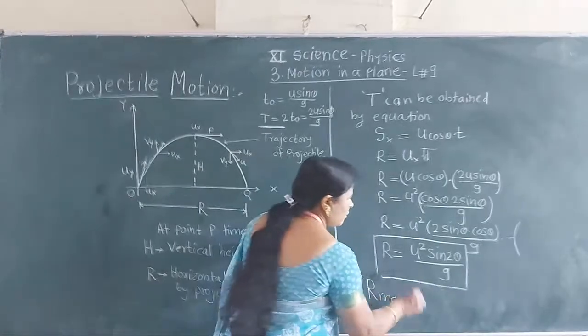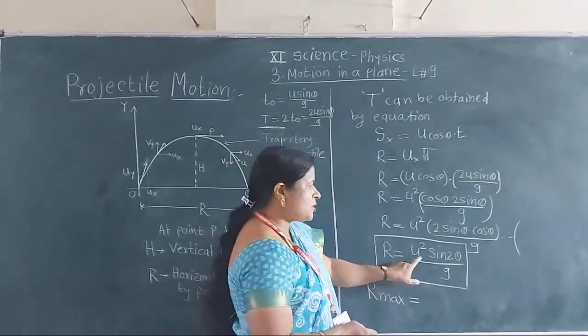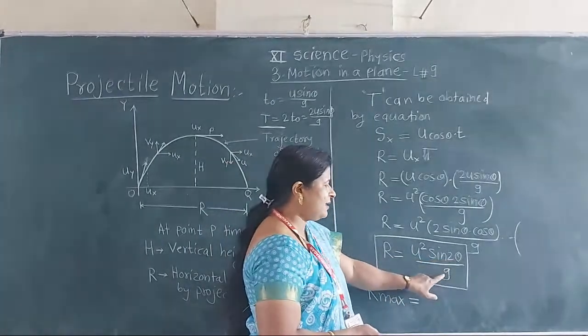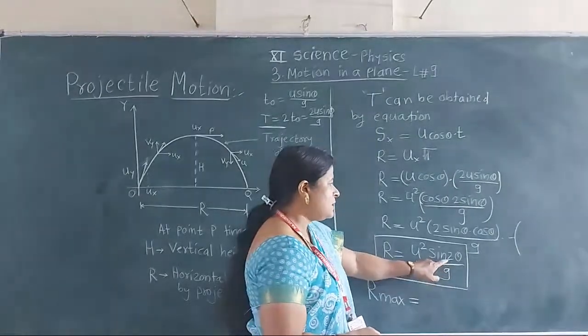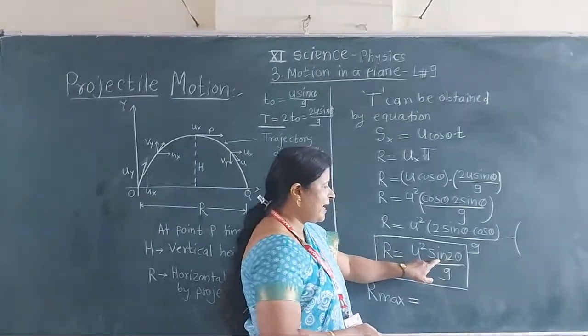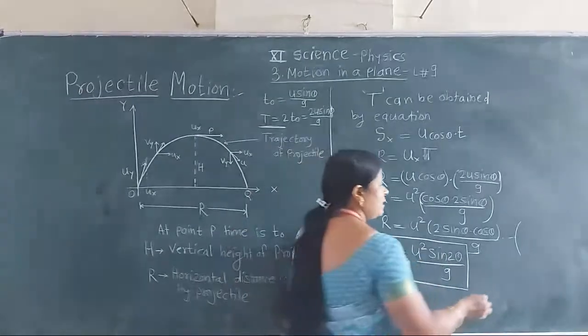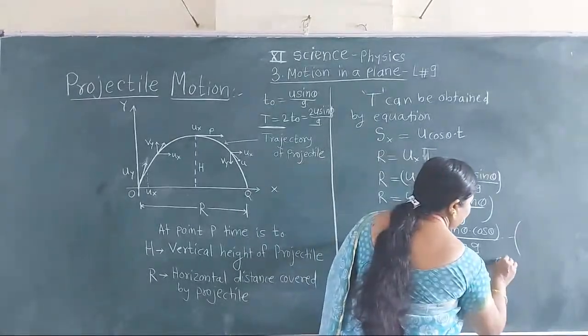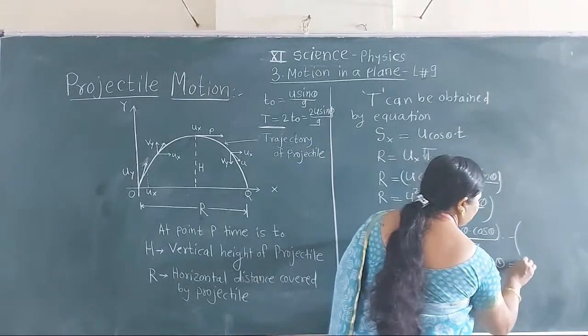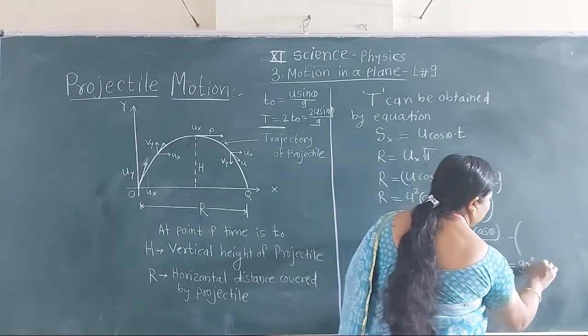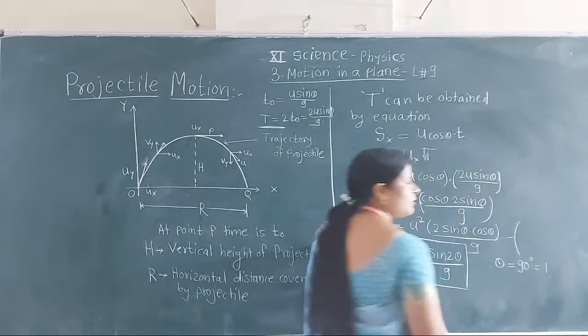So look at this equation: u square sin 2 theta divided by g. We get the maximum value of sin when the angle is 90 degrees, and we know that sin of 90 degrees is 1.